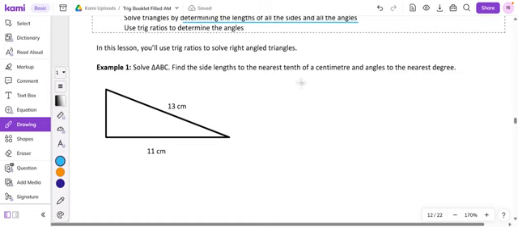This is triangle ABC. We are not told which one is the longest side, so let's just call it A. Let's make B the hypotenuse. And let's use good form and draw in the 90-degree angle.